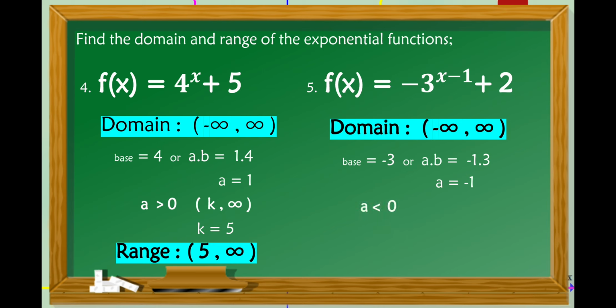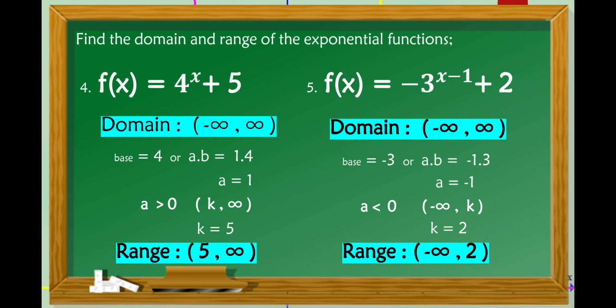So if a is less than 0, the range should be negative infinity up to the value of k. So what is the value of k to the given function, negative 3 raised to x minus 1 plus 2? Therefore, the value of k is positive 2. So the range now will be negative infinity to positive 2. In writing the range, always write first the negative value to positive value.